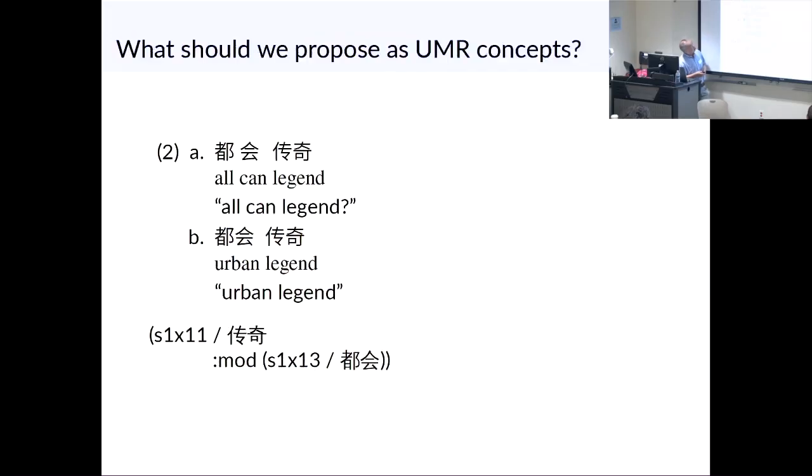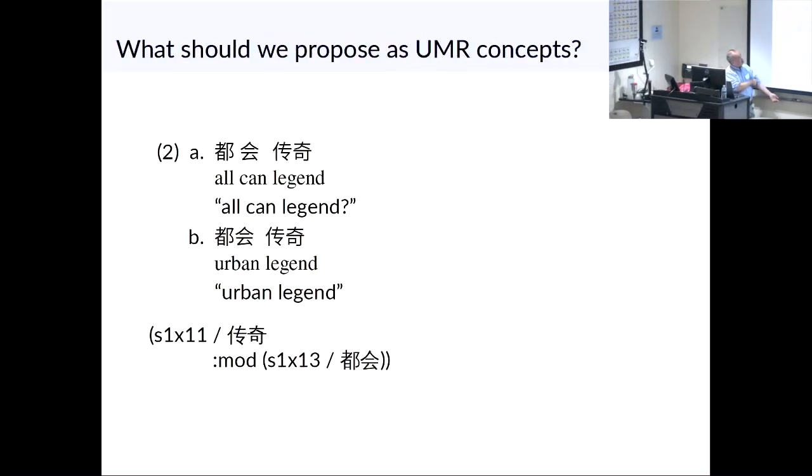Right? So the other interesting issue is that if there's a mistake in the word segmentation, it can create mistakes in interpretation, right? So take this part, what I call urban legend, right?